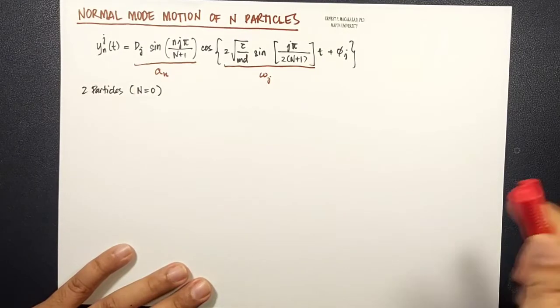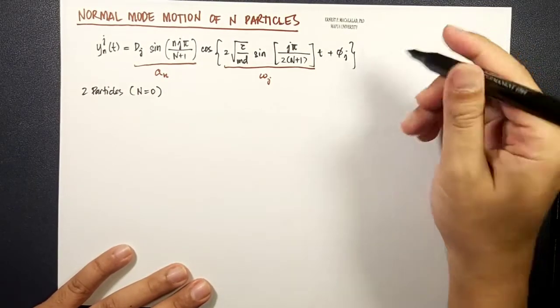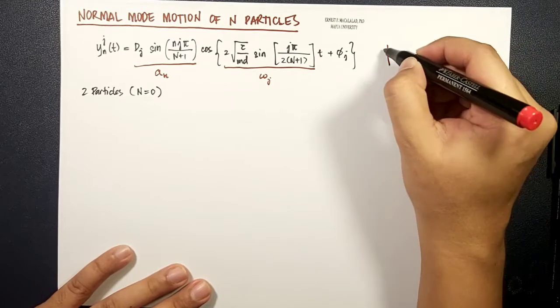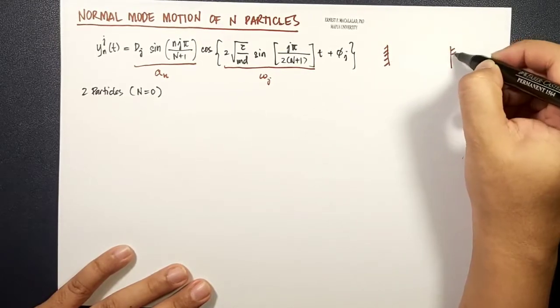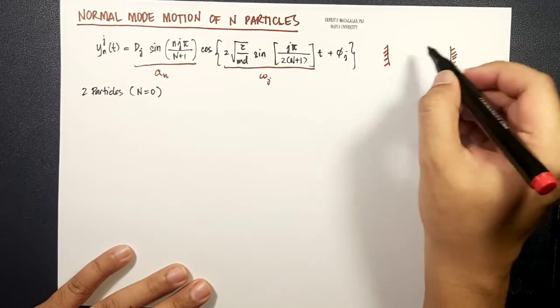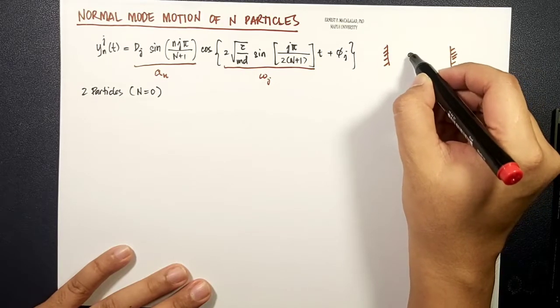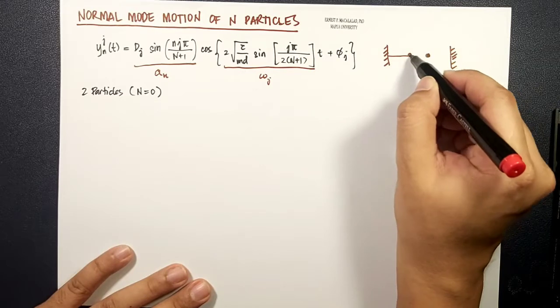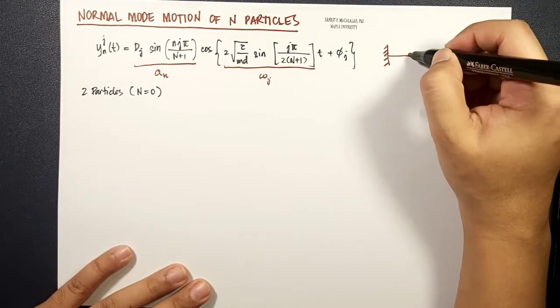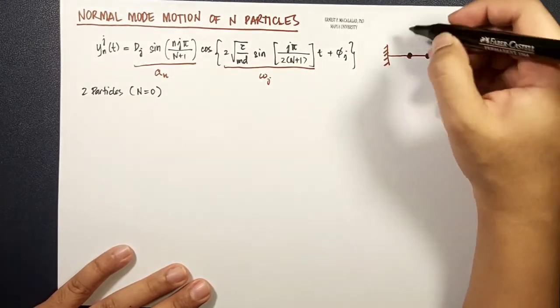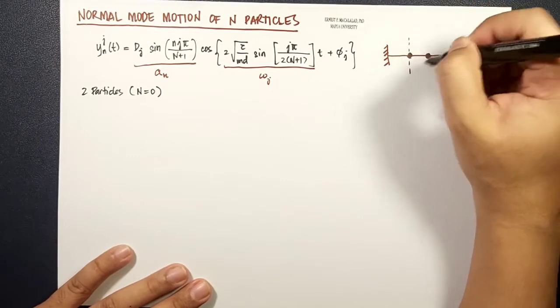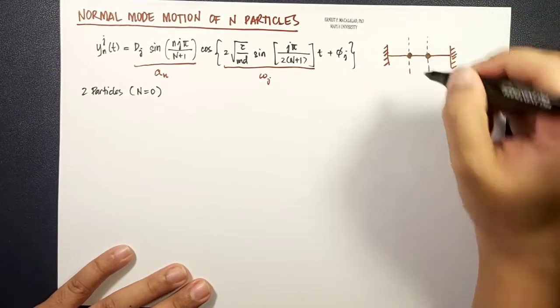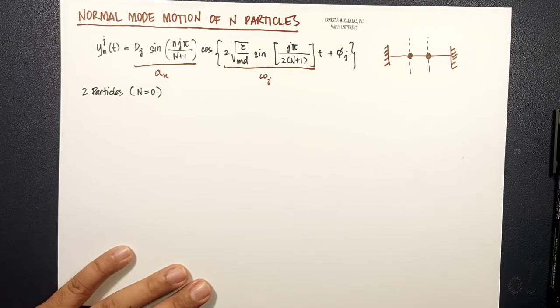If these are the ends of your string, we have two particles. This particle and this particle will oscillate in this direction only.